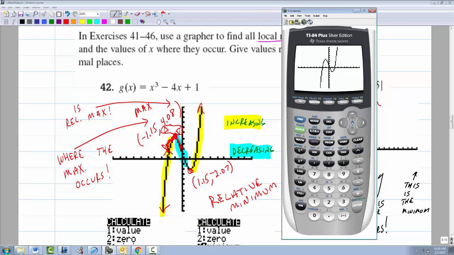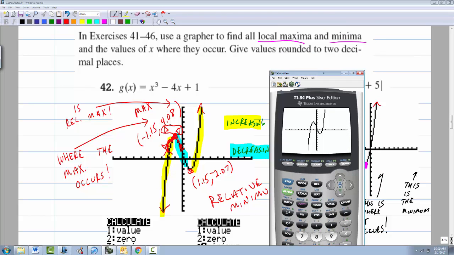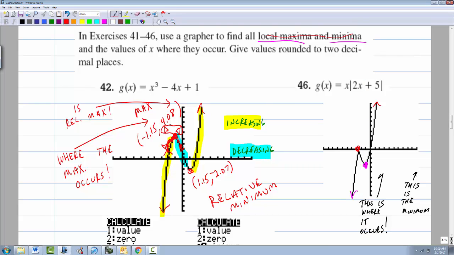So now, your responsibility is to actually understand that when I type in this x to the third, I should expect what I expect to see: the polynomial graph where the graph ends infinitely up on the right and infinitely down to the left. Okay, and then understand that if I have to find all local maxima and minima, or this could be said, find all extrema.